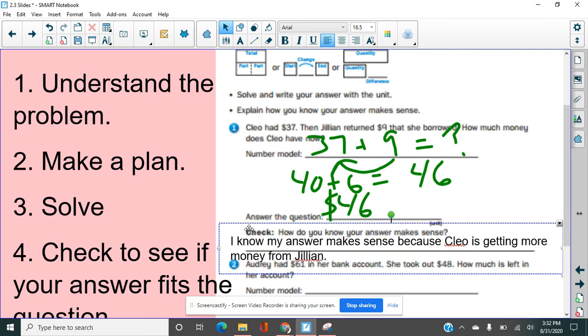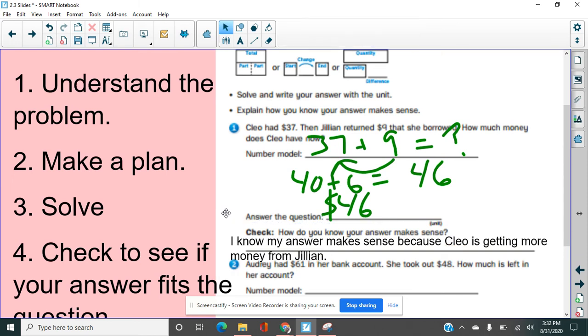Right? That's why we added. All right, take a moment, make sure you have that down. Do you have a capital and a period? If you don't, you didn't write a sentence. If you don't have a capital and a period, then it's not a sentence.